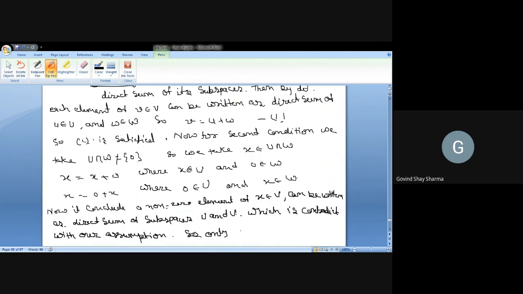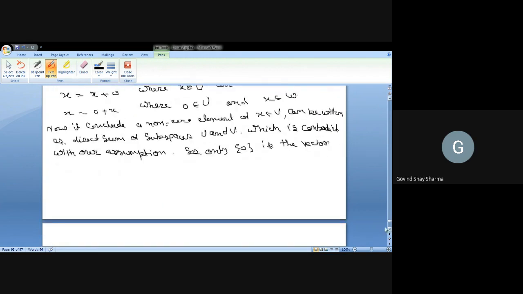So only zero is the vector which is common to U and W. This proves that zero is the only common element of U and W if V can be written as the direct sum of U and W.